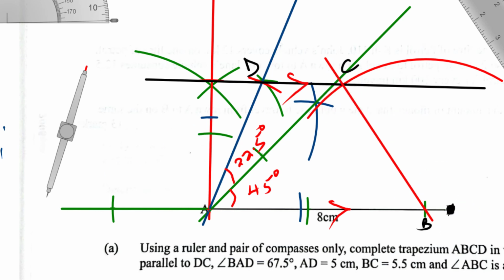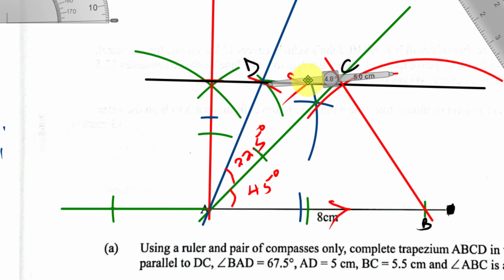Now the question is, the first part we've done it, constructed 67 degrees and all the other things. So measure the length DC.